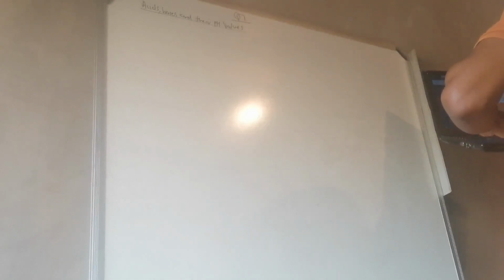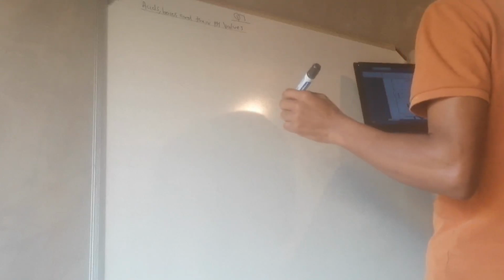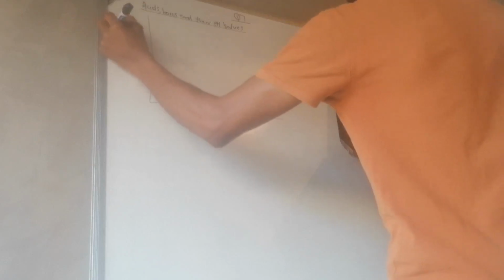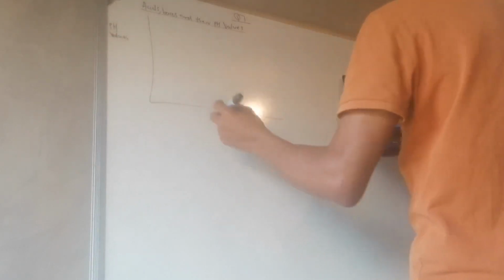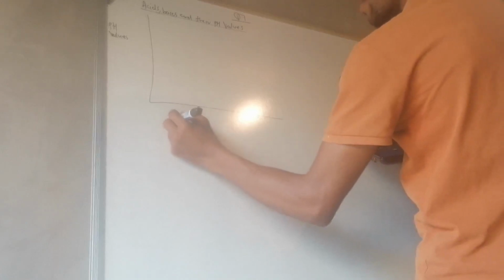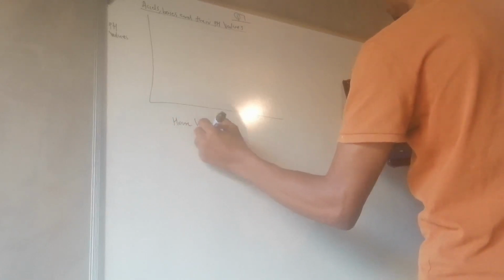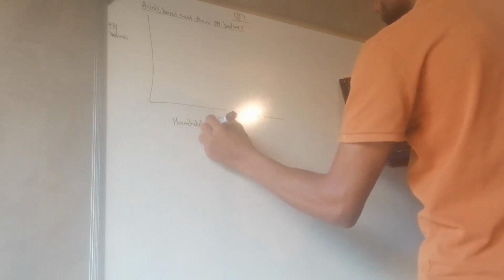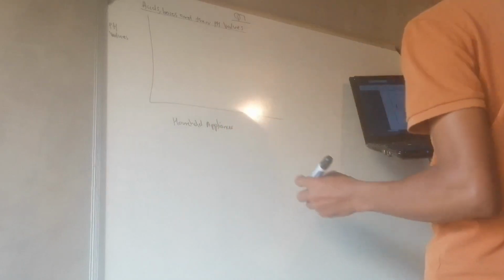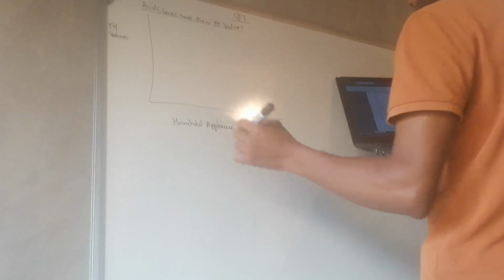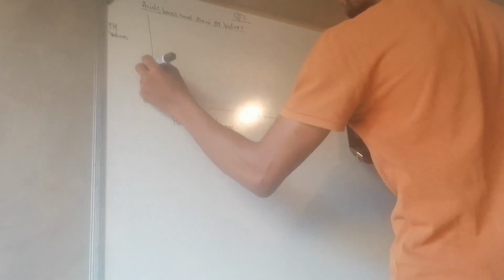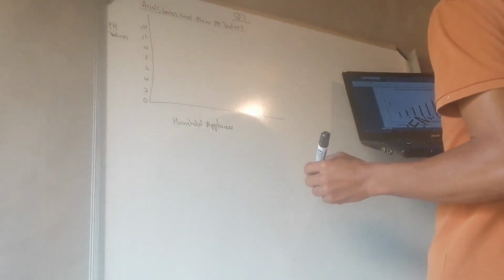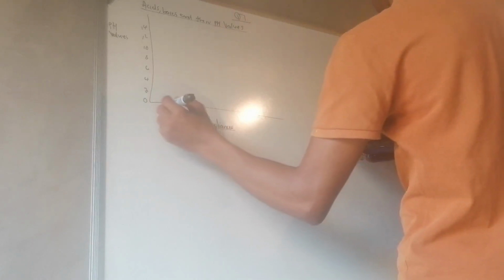We are given the following graph, and we have pH values, and we have household appliances, and we have 0, 2, 4, 6, 8, 10, 12, 14.